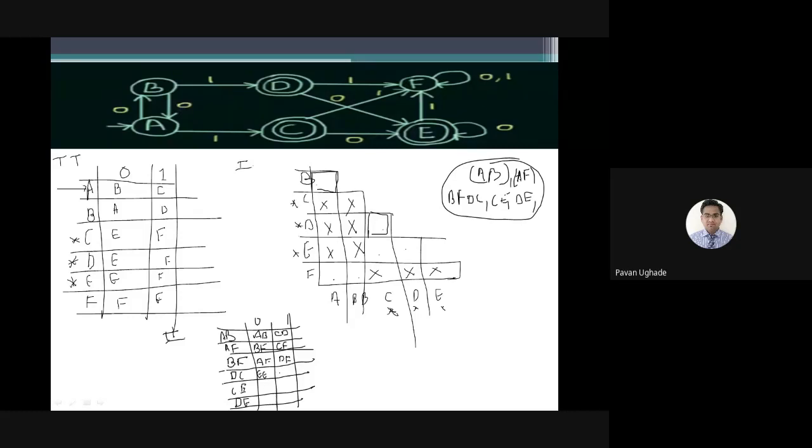Next CE, again EE and FF. Here also DE, EE and FF.